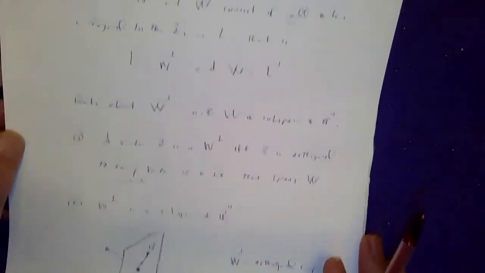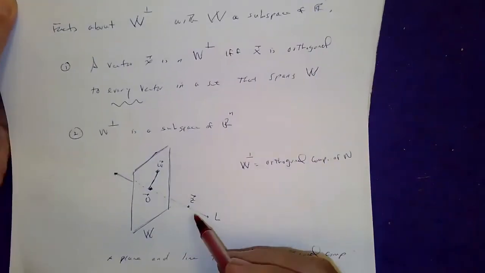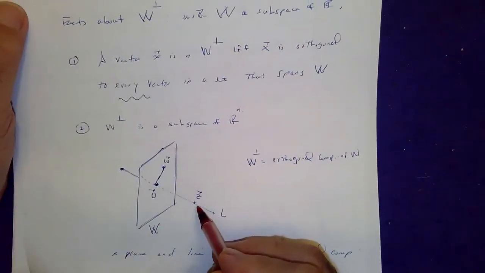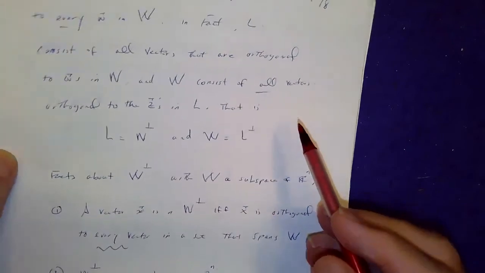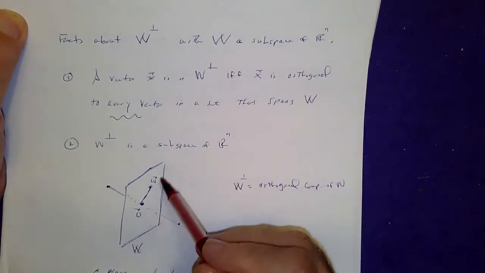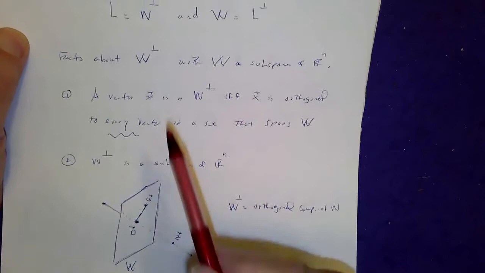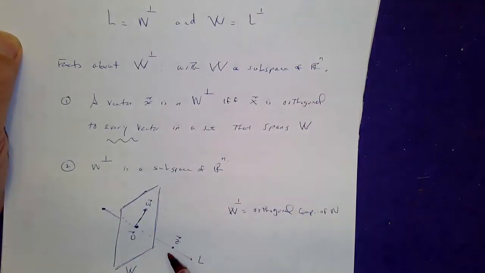So each vector you select in L is orthogonal to every vector in W, correct?